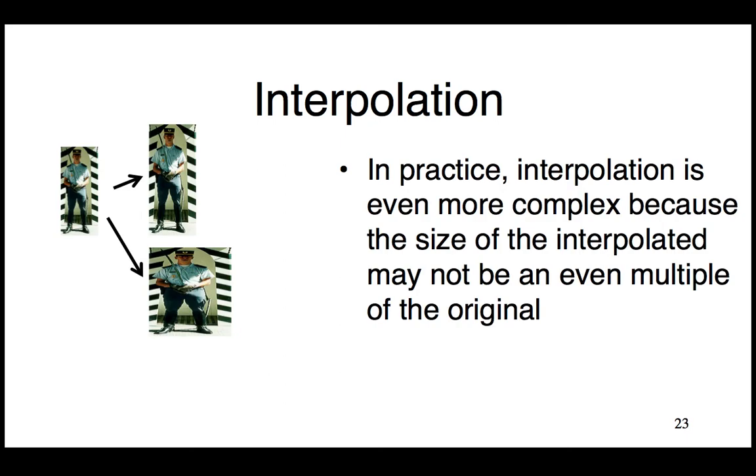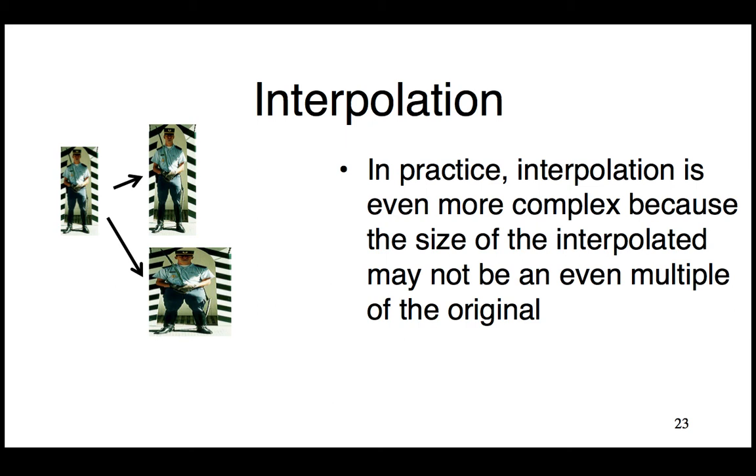Now, in reality, interpolation is actually much more complex than that. If you have an image that is 400 pixels by 400 pixels and you reduce it to 200 by 200, so you're losing every second column and every second row, it's just a question then of putting back in the missing ones. But it's rare that things would line up like that so neatly.